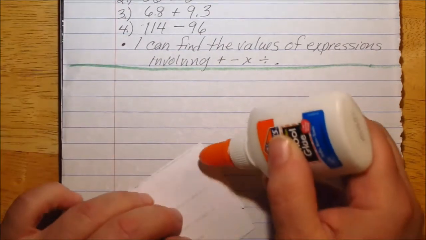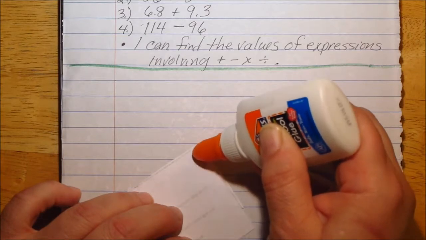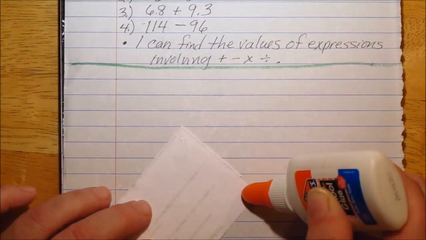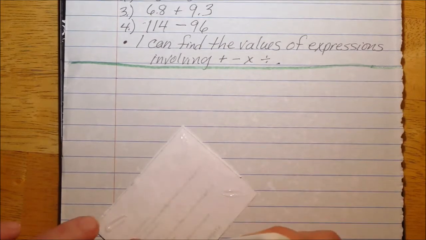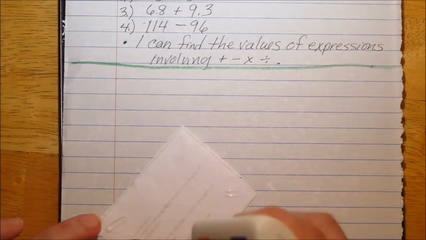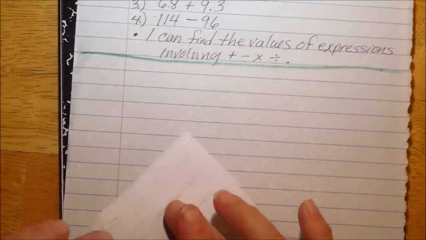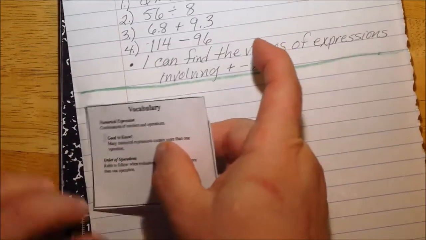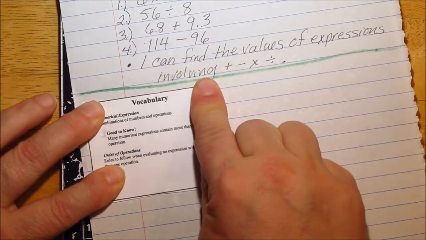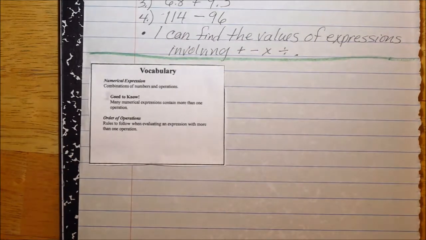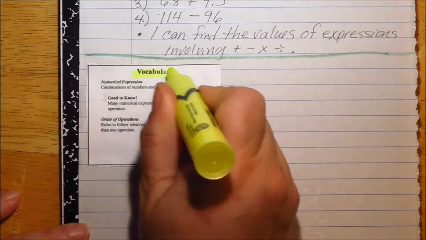Let's get my glue out. Tiny little, tiny tadpoles, as we call them in my class. Just a teeny tiny dot, and then smear it so there's no puddles that'll soak through the paper. All right, press it, hold it for a second, let it dry, and I'll get my yellow highlighter to highlight the title of our note piece here.